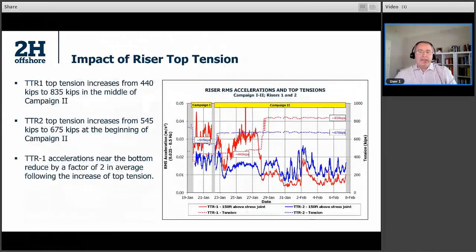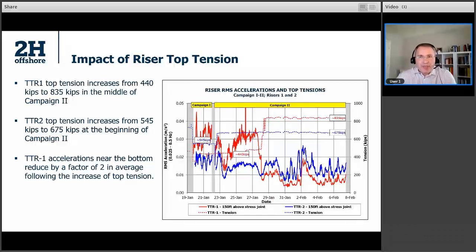So in this slide, we look into the impact of top tension on the riser response. The figure shows TTR1 and TTR2 accelerations at 150 feet above the lower stress joint. TTR1 response is the solid red line, and TTR2 is the solid blue line.